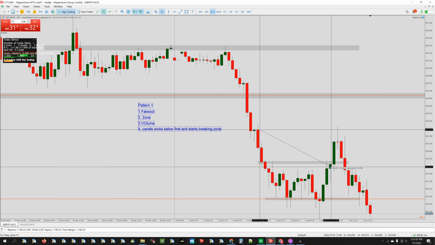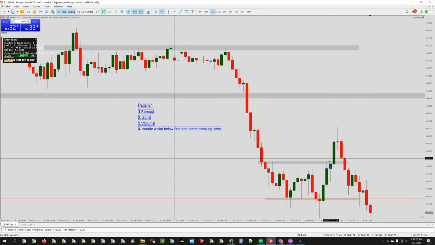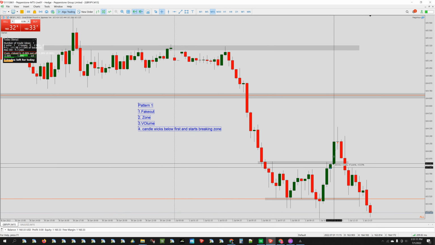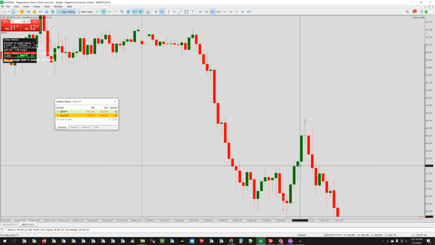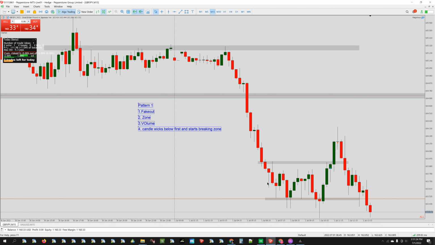It was almost 44 pips. I was able to capture around 30 pips on this trade. However, on my demo account, I captured a full 48 pips.